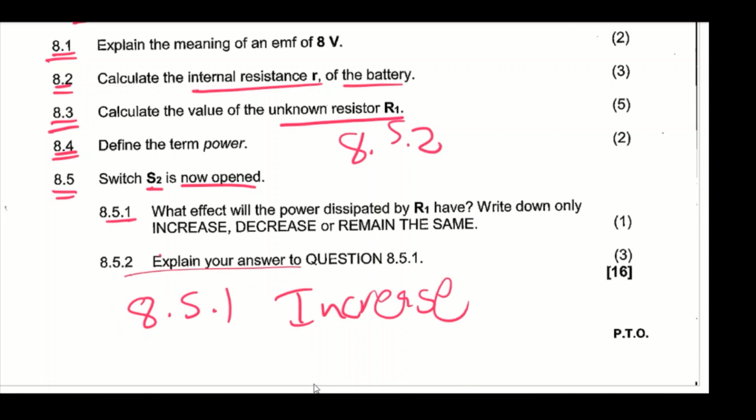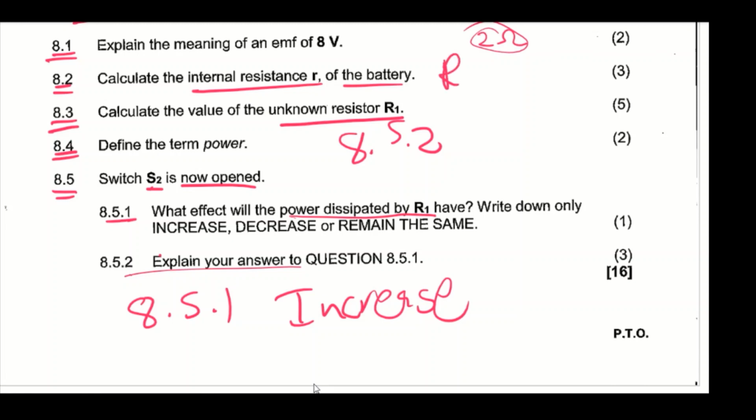8.5.2, we are asked to explain our answer. Why are we saying the power dissipated by R1 is going to increase? So if you remove the resistance, which was 2 ohms, because of that open switch, that means now the resistance of the circuit will increase.